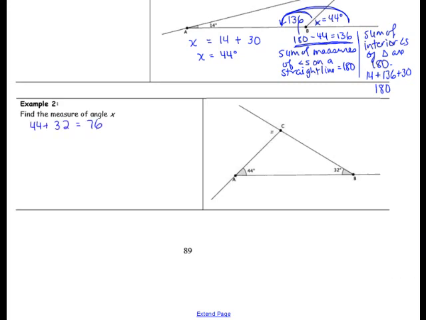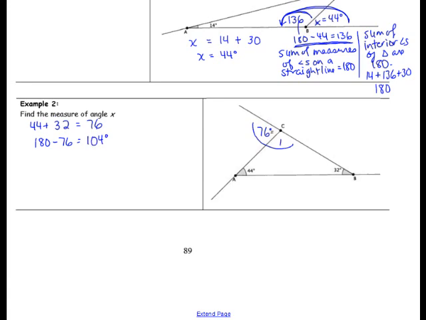So I've added together my remote interior angles and I have 76 degrees. So that makes the measure of angle x 76 degrees. Now I want to present an informal argument showing that that is correct. So I need to know the sum of the interior angles. Well, I know that this is a straight line, so 180 degrees take away 76 degrees is equal to the measure of that interior angle, which is 104 degrees.